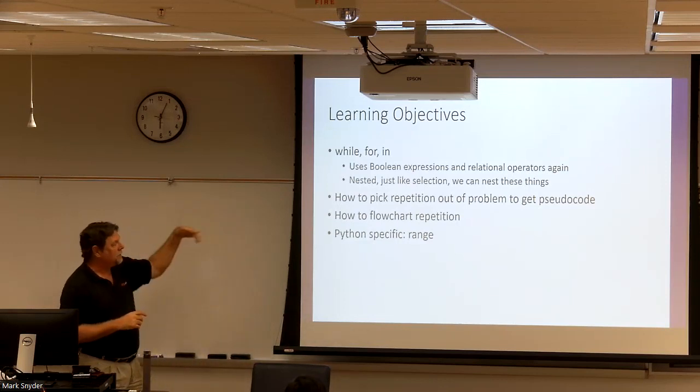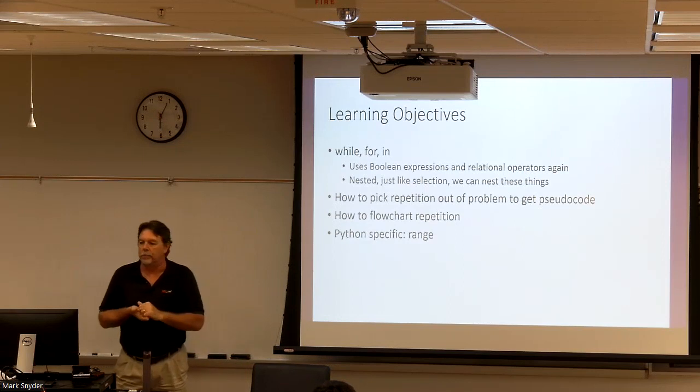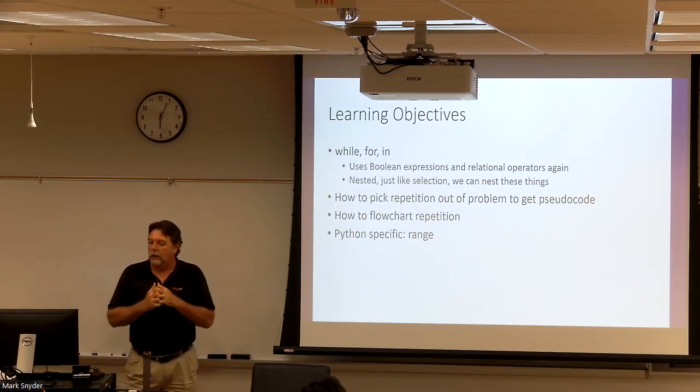You can nest these things, just like with nested if statements. You can have loops within loops within loops. I'm not going to get too crazy about that tonight. We can look at other examples that require nested loops in the future, but I'm going to try to limit it for tonight.